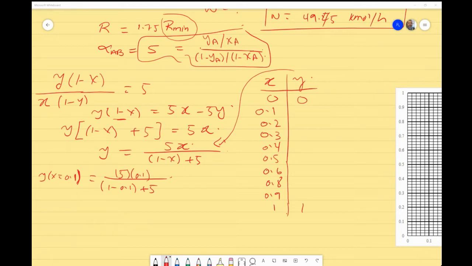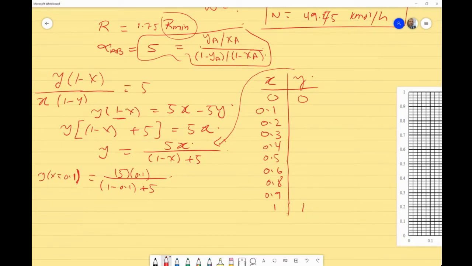Let me check this one here. Can you check this equation here? Maybe I wrote this equation wrong because I got different values, to be honest. 1 minus, let me see here, 1 minus x plus 5. This one is going to be 5x. And this is going to be, probably I made a mistake here.